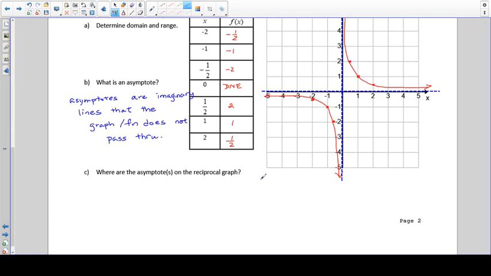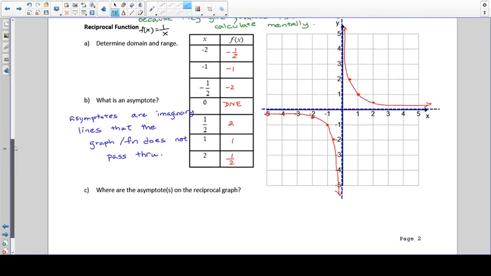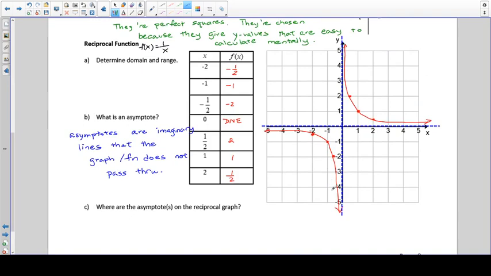Where are the asymptotes on the reciprocal graph? This over here is a vertical asymptote. It is a vertical line. In grade 9, you've learned that whenever you describe a vertical line, it starts off with x equals. So in this case, this is x equals 0, okay?